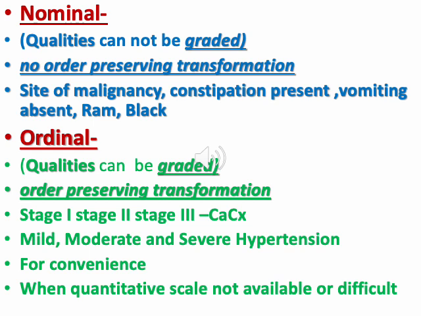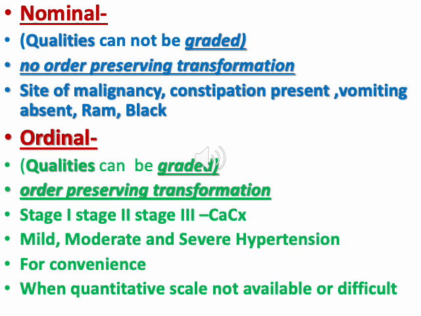But when we have the order preserving information, like stage 1, stage 2 and stage 3 carcinoma of cervix, we all know about the TNM classification. As we move to stage 4, it probably has more metastasis, and likewise if we divide mild, moderate and severe hypertension, here we do have a notion of order.